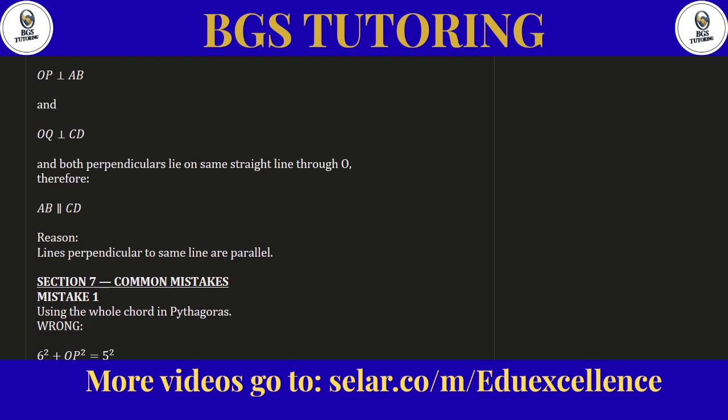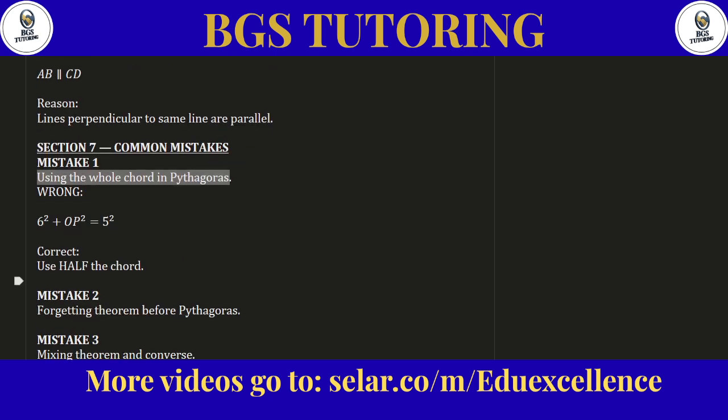Okay, here are the mistakes. Please understand it is wrong to use the whole chord in the Pythagoras. You need to only use half of it. Please, you do not have to mix the theorem and the converse, and do not forget to state the theorem before you start applying your Pythagoras.